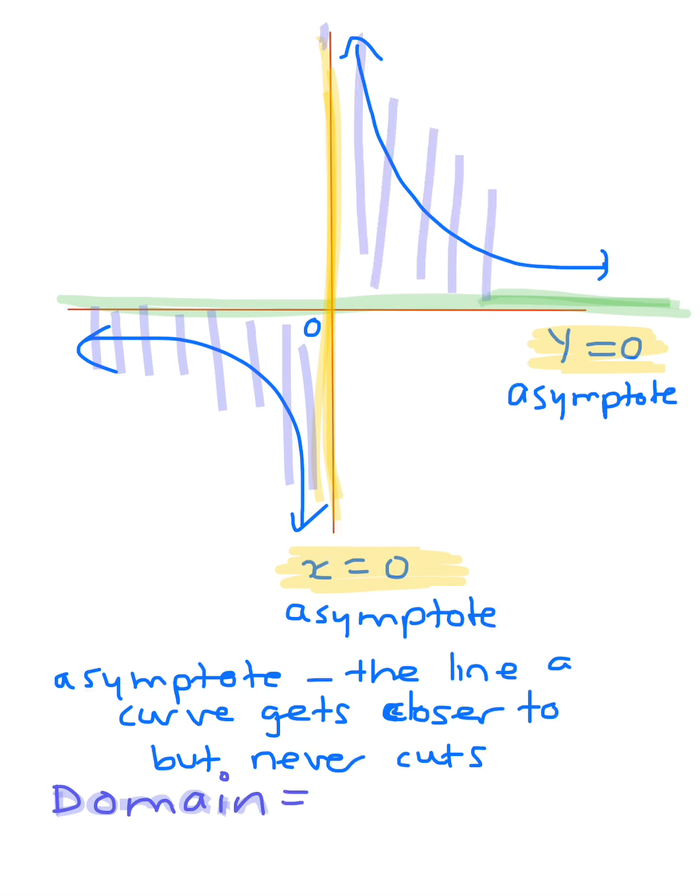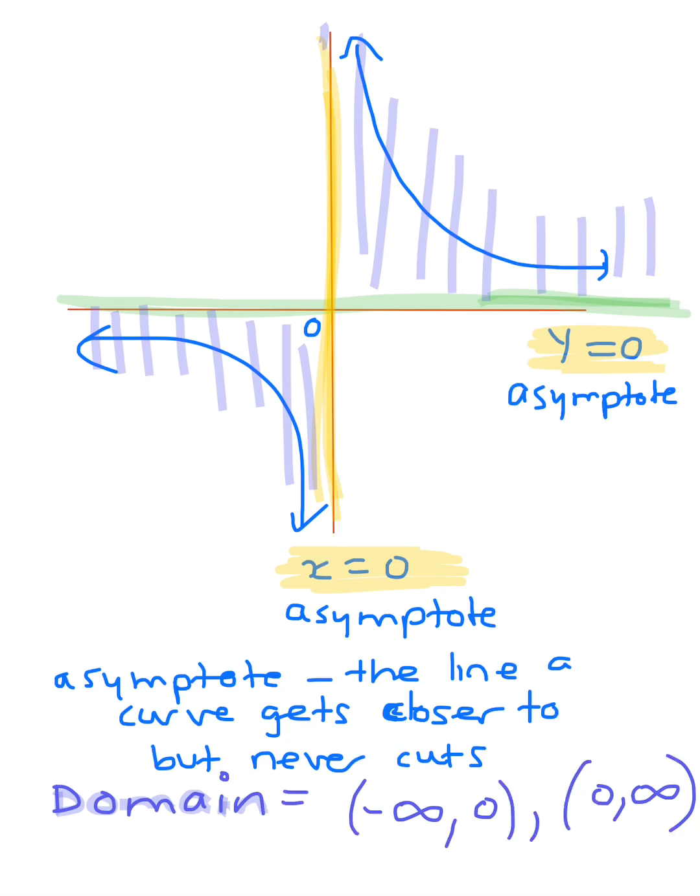And you have it all the way here, but not when x equals 0. So when you're getting the domain here, it's a funny way of writing it. You can go from minus infinity to 0, and from 0 to infinity, because x equals 0 is the only value it won't equal.